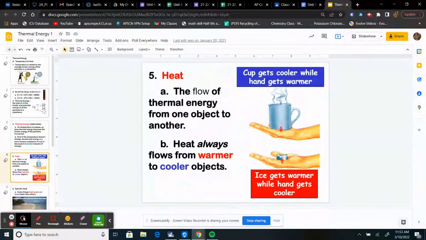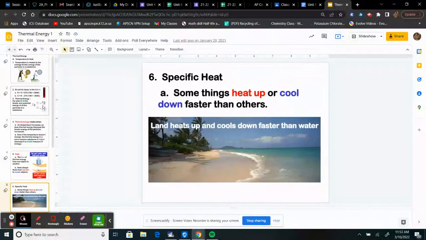All right, so we should know that heat flows from hot to cold. That should have been done back in middle school. Specific heat, this is something that is new, so please make sure you are paying attention here. Specific heat is the amount of energy something can hold.